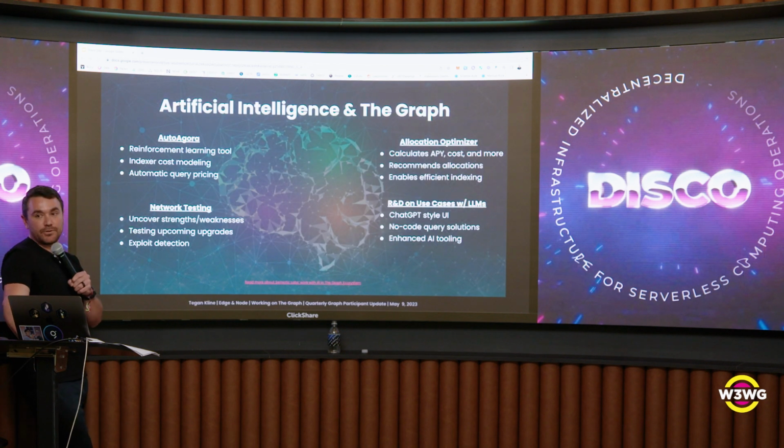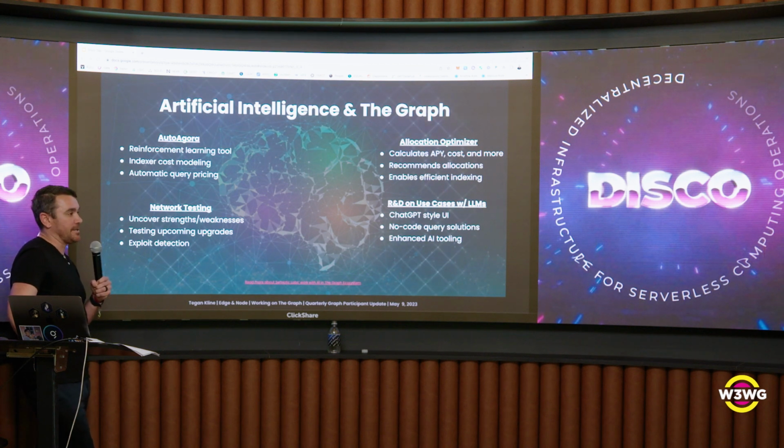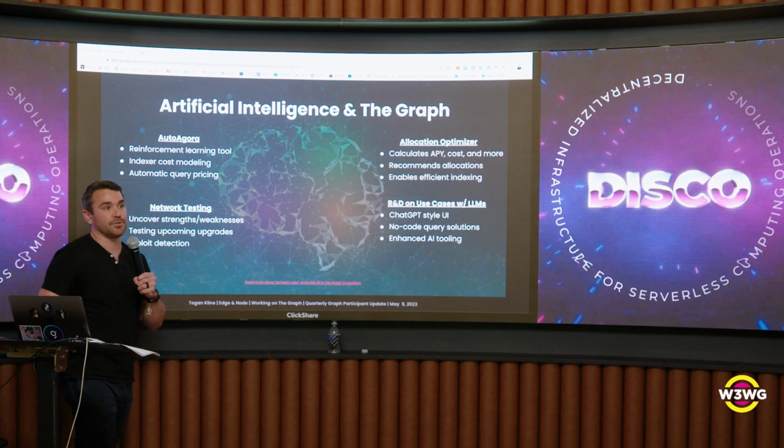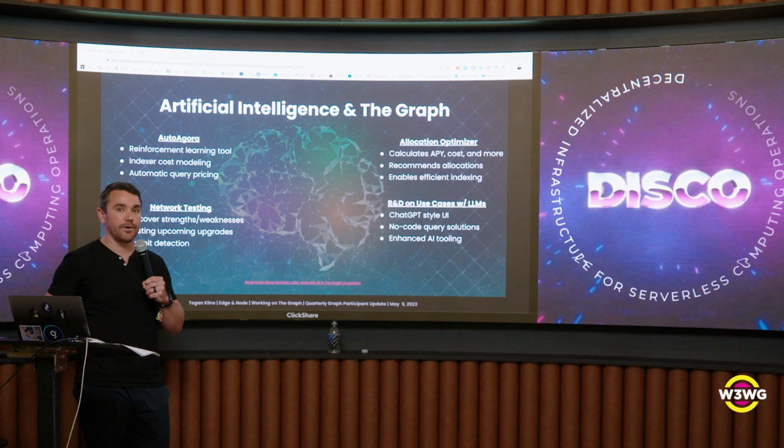Another thing, and I won't go too far into this, is AI. We've been using machine learning and reinforcement learning in The Graph internally to stress test and make sure queries, delegation, and everything are working well.